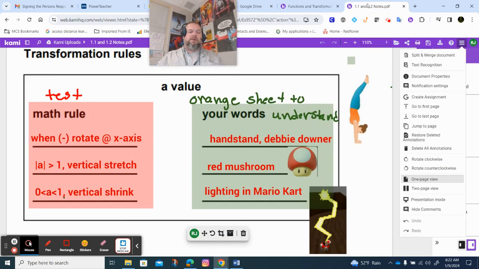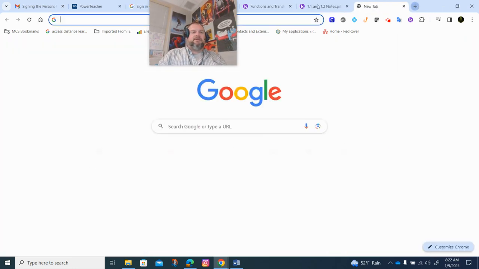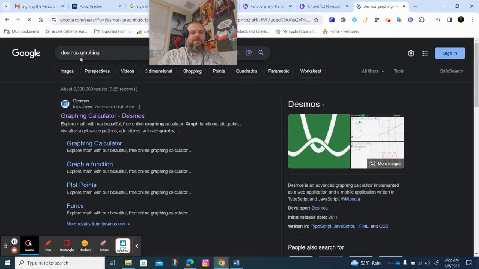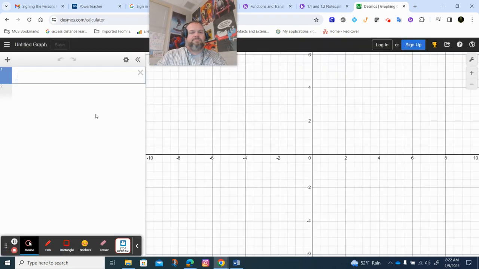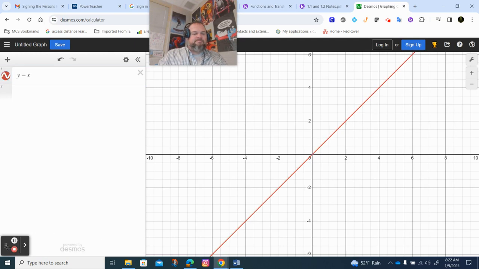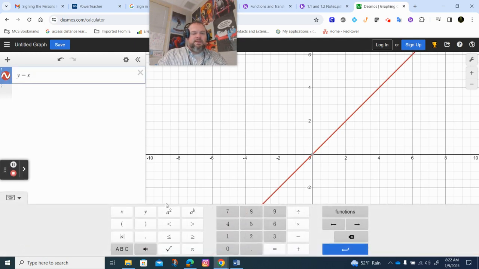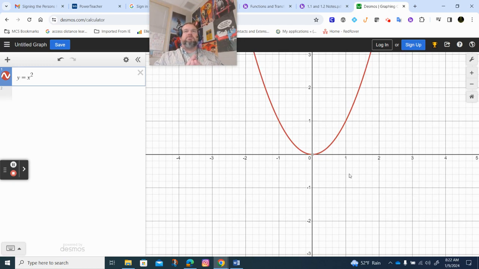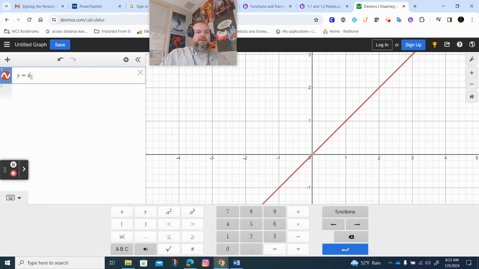All right, so let's look at this. So y equals x. Sorry, not x squared, this should just be x.